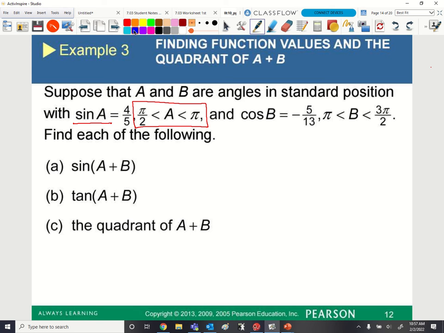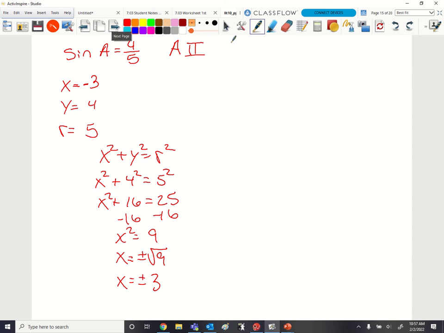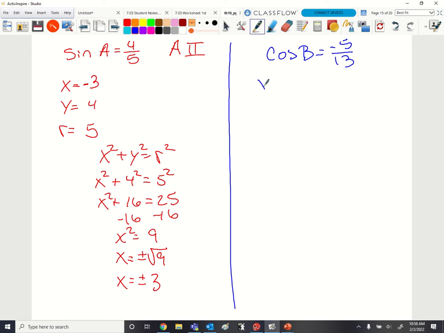It says cosine of B, so that's my second angle, is going to be negative 5 over 13. And again, I have my x, y's, and r's. So what does cosine represent?